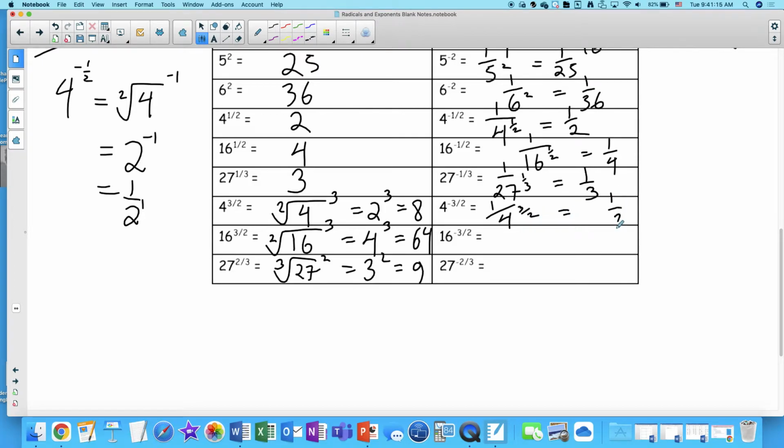Okay, and then we'll just keep going. 1 over 16 to the 3/2, which is 1/64, and this is 1 over 27 to the 2/3, which is 1/9. Okay?